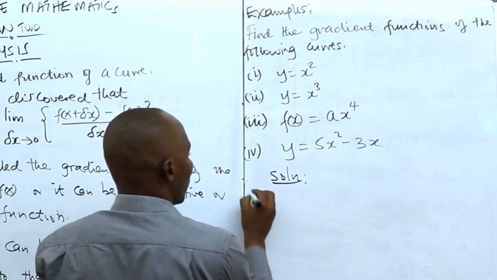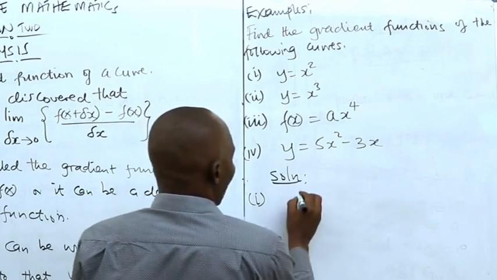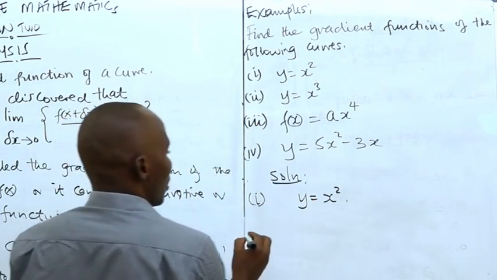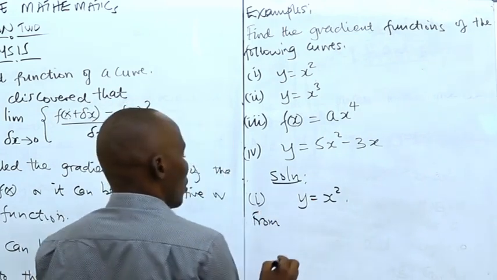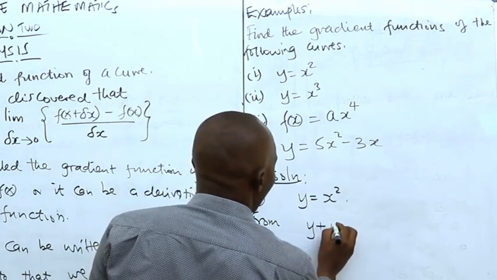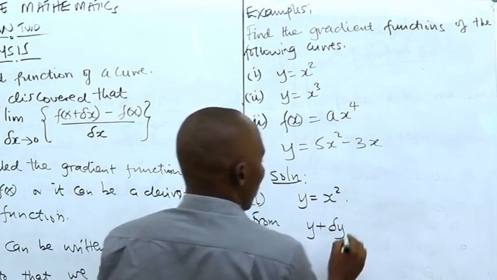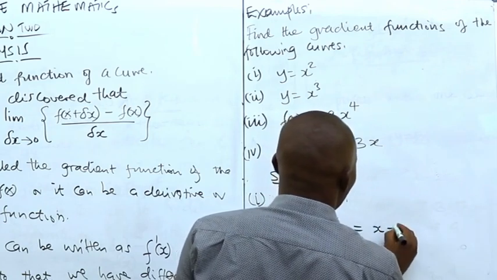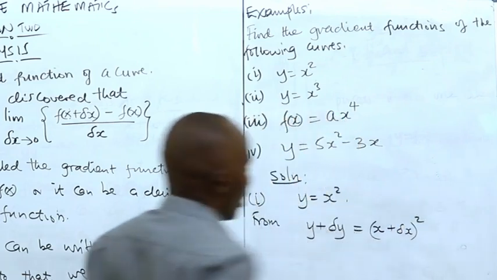Roman 1. We have y is equal to x squared. Now, from y plus delta y is equal to x plus a slight change in x, then you square.